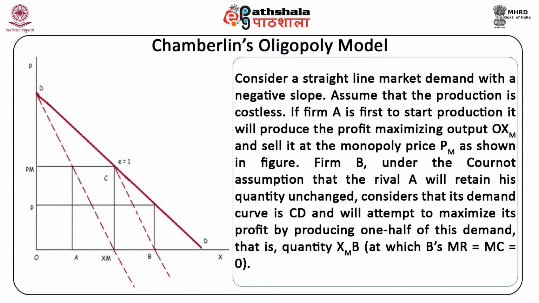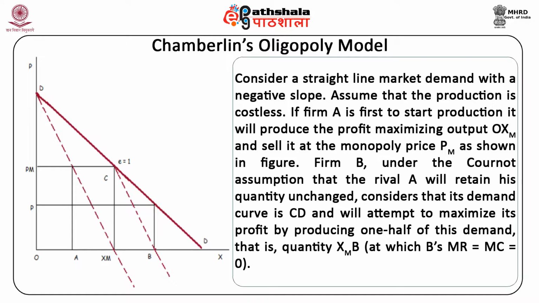Firm B, under the Cournot assumption that the rival firm A will retain its quantity unchanged, considers that its demand curve is CD and will attempt to maximize its profit by producing 1/2 of this demand, that is quantity XMB, at which firm B's MR is equal to MC, which is equal to 0.